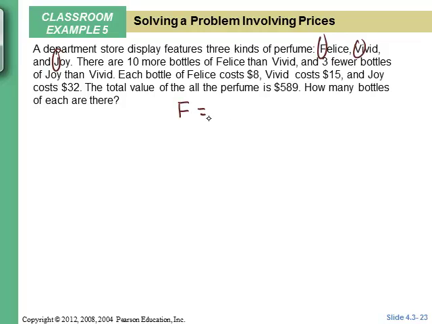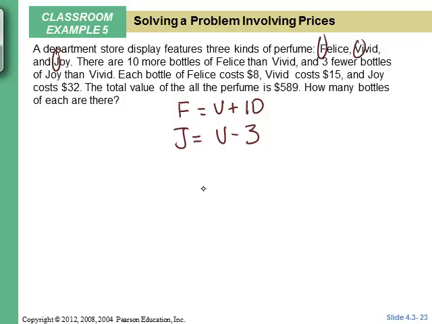Felice is Vivid plus 10. And 3 fewer bottles of Joy than Vivid. Joy is Vivid minus 3.